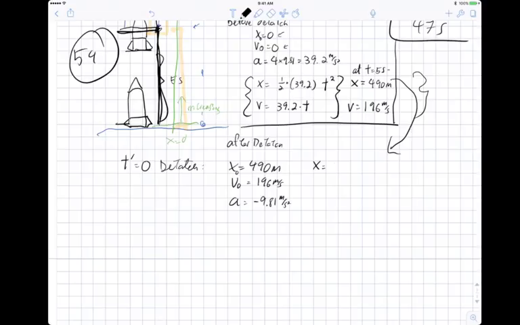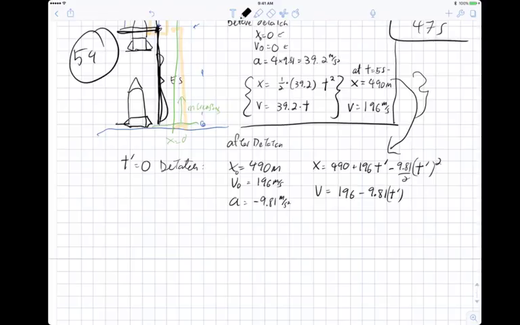Position is a function of time: 490 plus 196 t prime minus 9.81 over 2 t prime all squared. V is equal to 196 minus 9.81 times t prime. So now we can use these to answer the questions. What are the questions? Questions are, what speed does the rocket hit the ground? Okay, so again, I don't know what the final velocity is, I do know that it hits the ground.